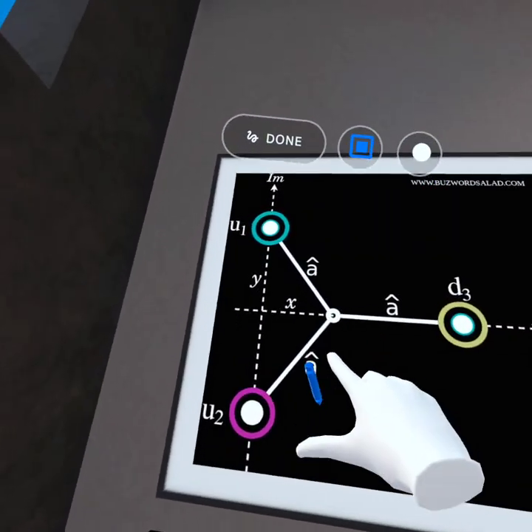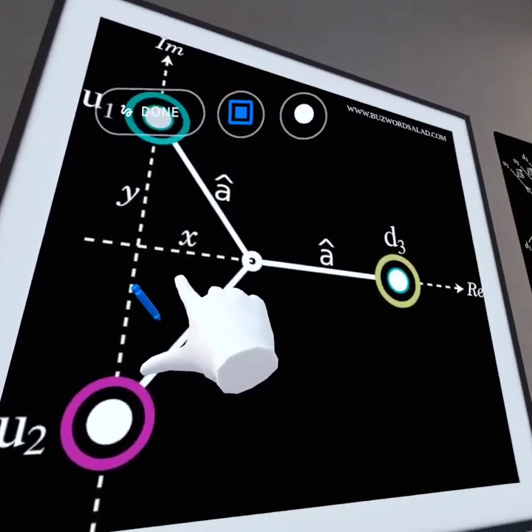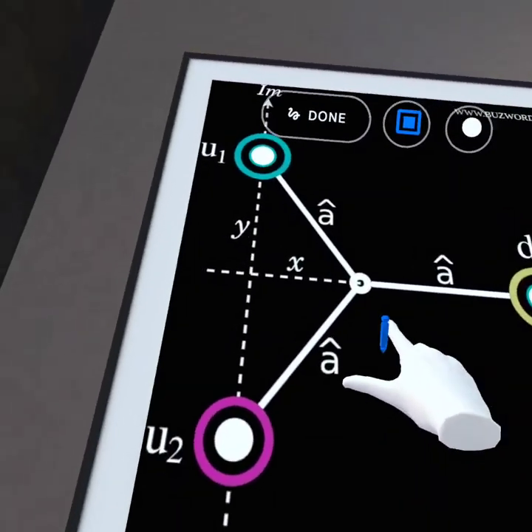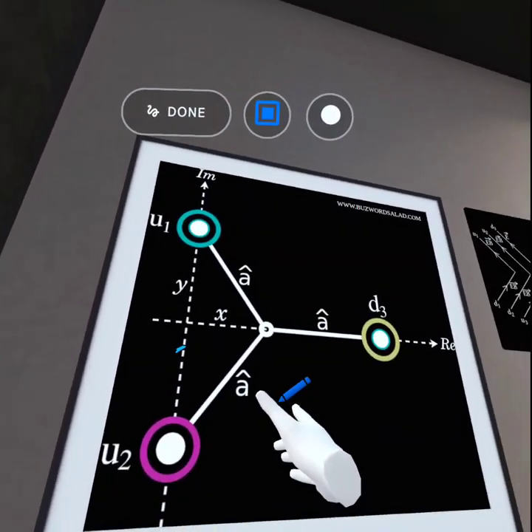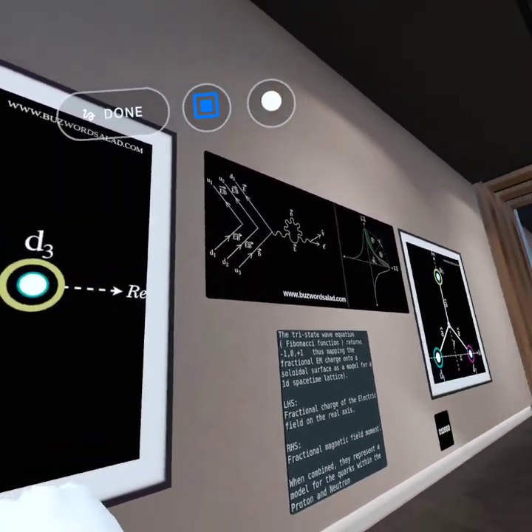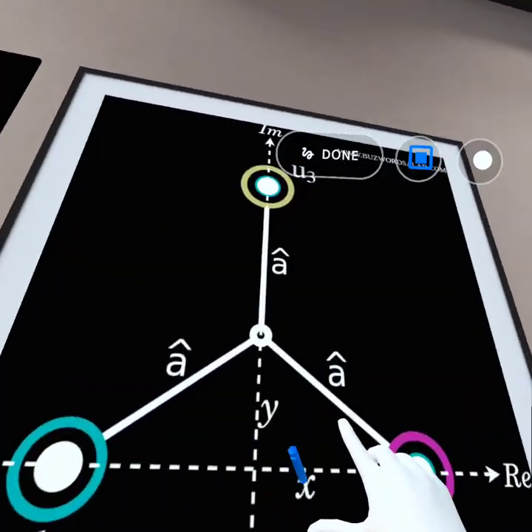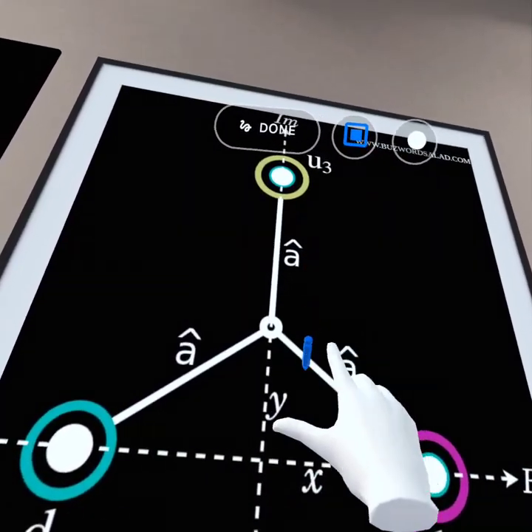Just very quickly, when u1 is added to u2, it becomes 0, and you end up with a vector that's got x plus a. Obviously, this point here is your 0 up there, and that is a vector on the real axis. This is where the real is cancelled out, and you end up with a value on the imaginary axis.